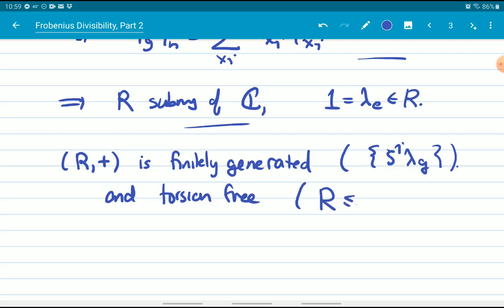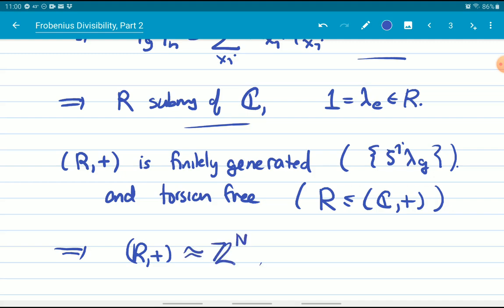That's because it's a subgroup of the additive group of complex numbers, and that's torsion-free. There's no non-zero elements of finite order. Therefore, by the structure theory of abelian groups, that abelian group is a free abelian group. It's isomorphic to a product of some finite number of copies of the integers. Incidentally, there's at least one copy, for instance, because we know there's a non-zero element in there.